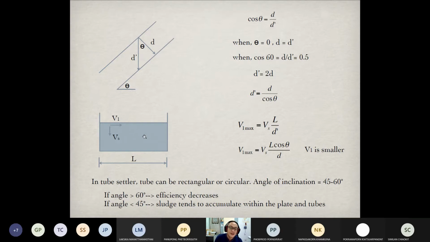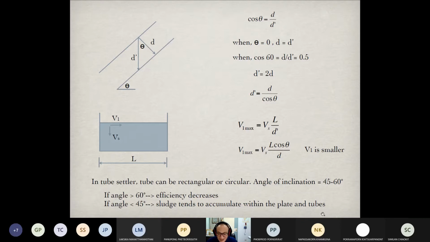Considering the settling zone for the horizontal settling zone like this, as I have mentioned in these figures so many times, particles are dropped into the water with the settling velocity Vs, and the horizontal velocity is given as V1. We can actually determine the maximum V1. What is this?